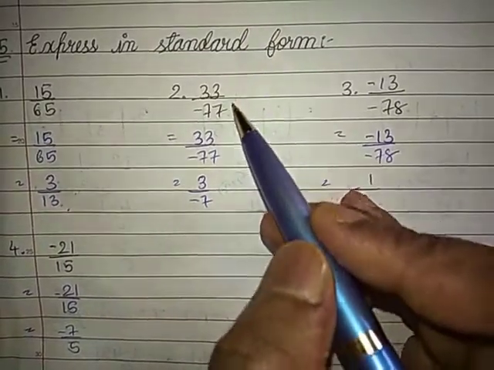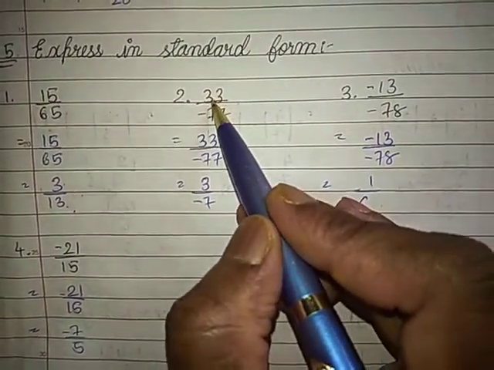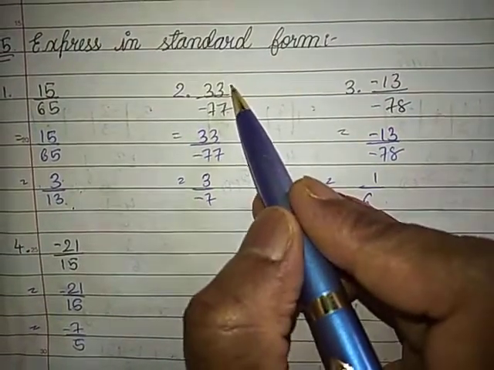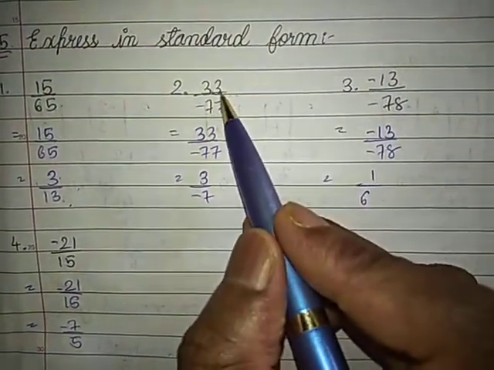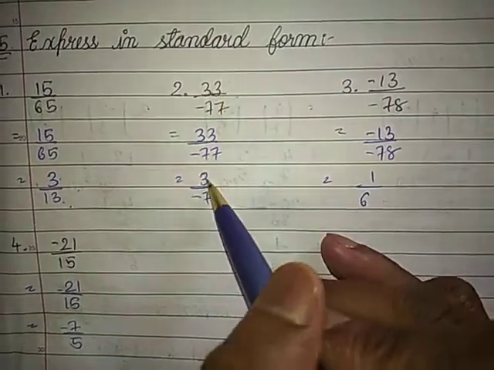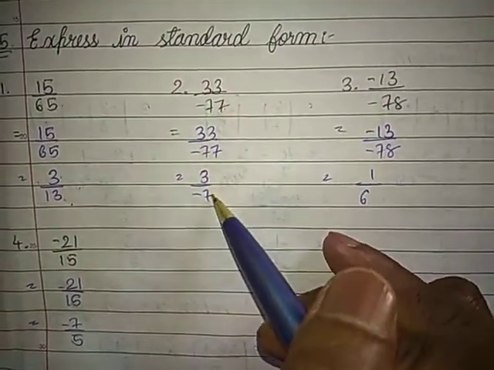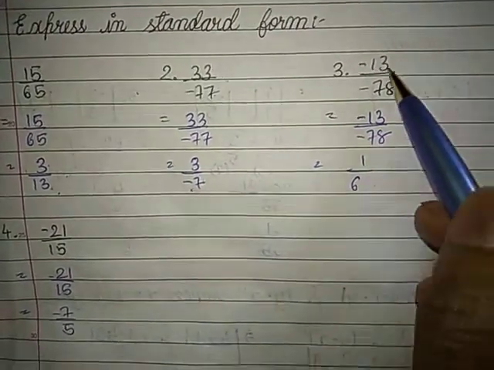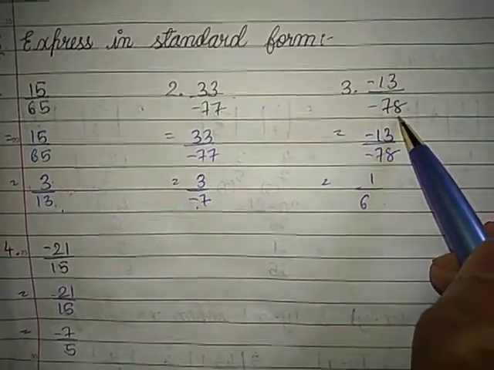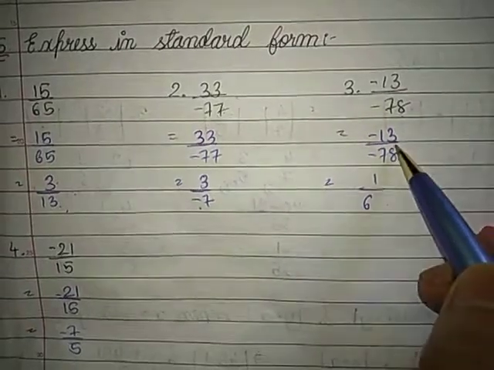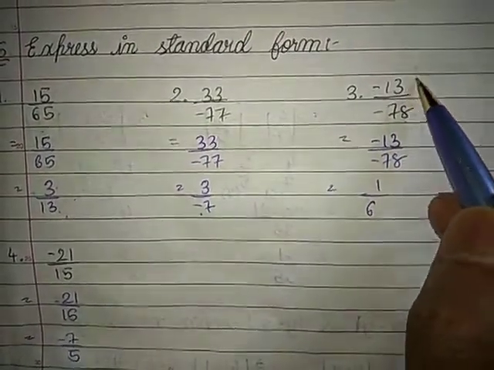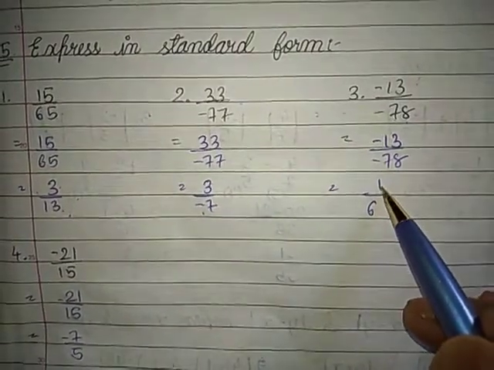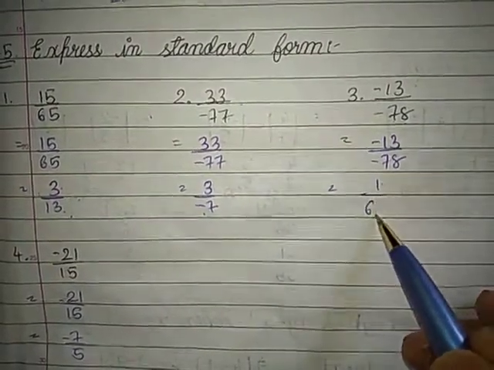Now 33 by minus 77. What is a common divisor? 11. So divide it by 11. 11 3s are 33, 11 7s are 77. So you'll get 3 by minus 7. Minus 13 and 78. 13 6s are 78. 13 1s are 13. So your answer is minus 1 by 6.